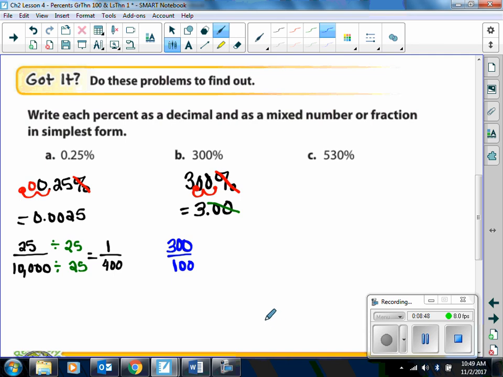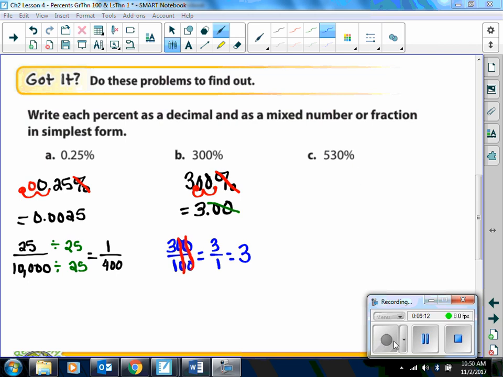And now, that's my fraction. I can simplify it, right? By dividing by 100. When I divide by 100, I end up with 3 over 1, which is just 3.